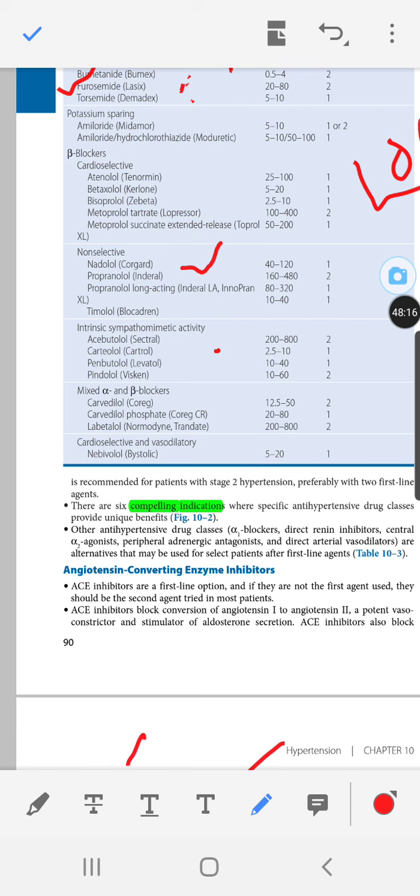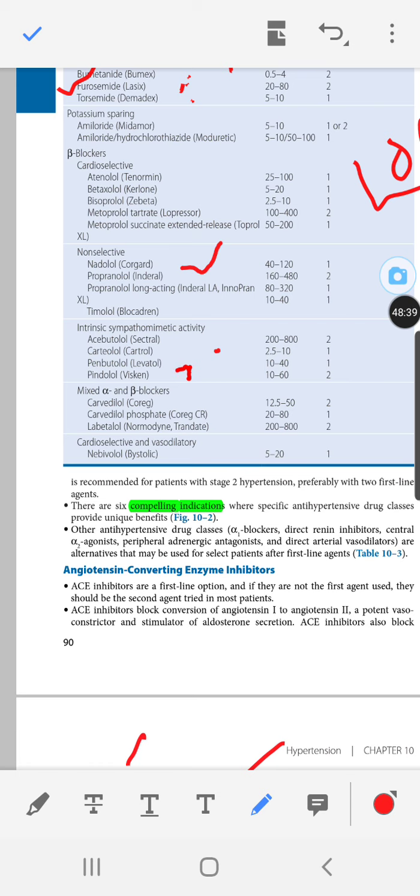The other one is the intrinsic sympathomimetic activity. Intrinsic sympathomimetic activity includes acebutolol, carteolol, pindolol. We will discuss these classifications in detail later, but we are emphasizing the drug names here.